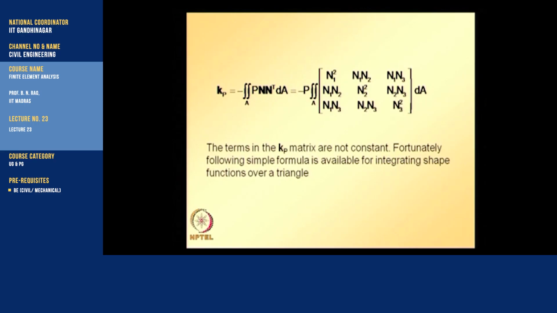Fortunately, the following simple formula is available for integrating shape functions over a triangular element.